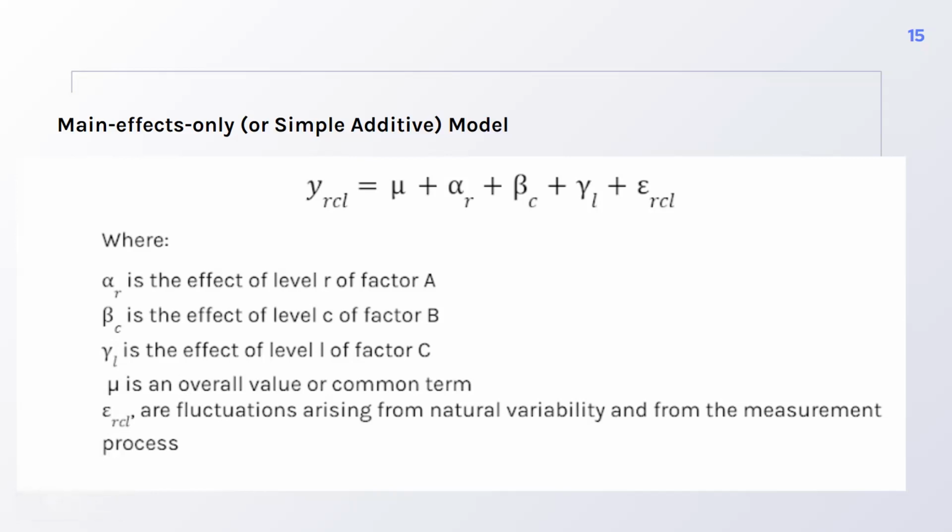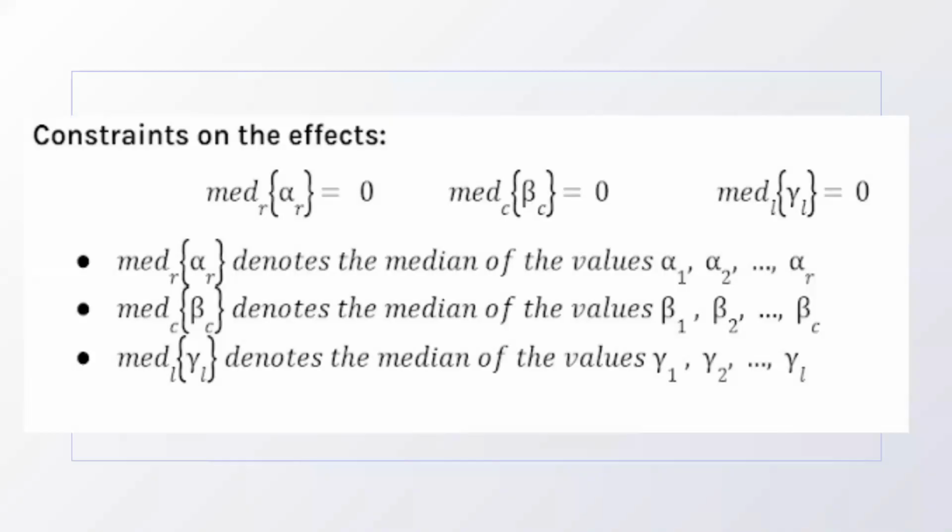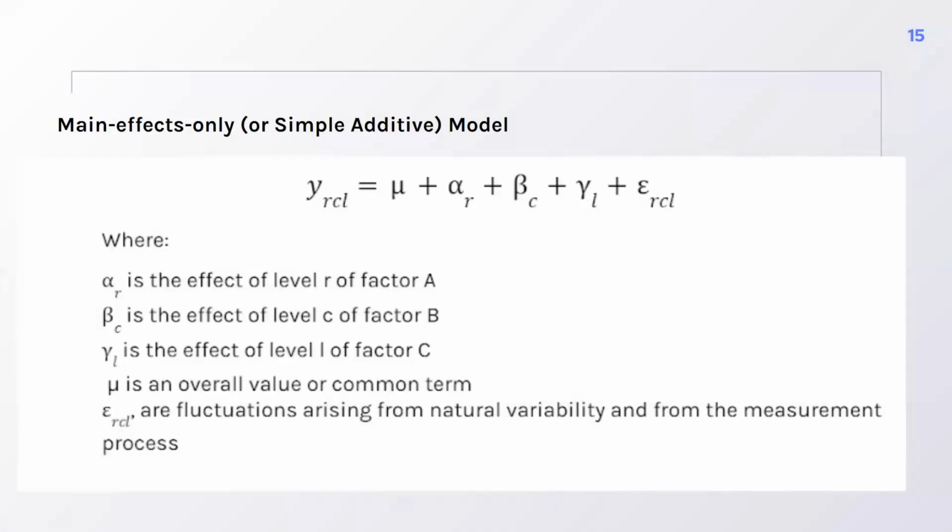Error terms are fluctuations arising from natural variability from the measurement process. So, syempre, hindi po natin mape-predict directly and may difference, and that's what we call the error term. Now, these are the constraints on the effects.